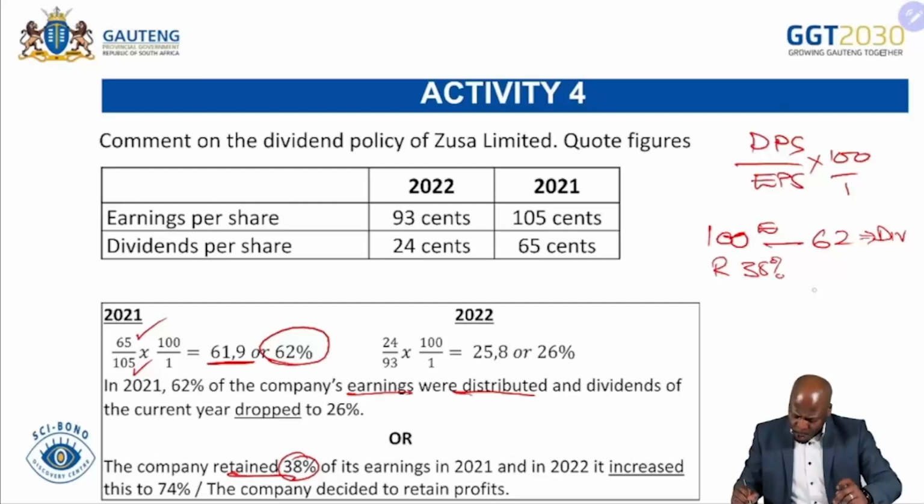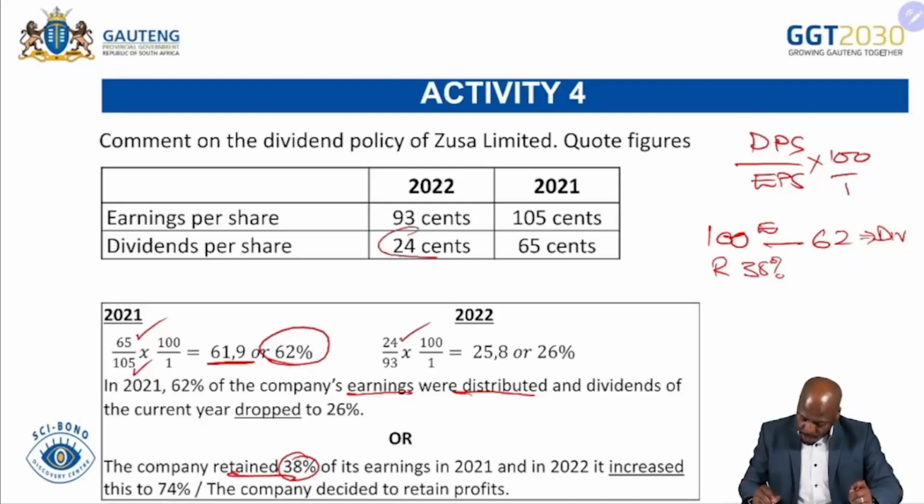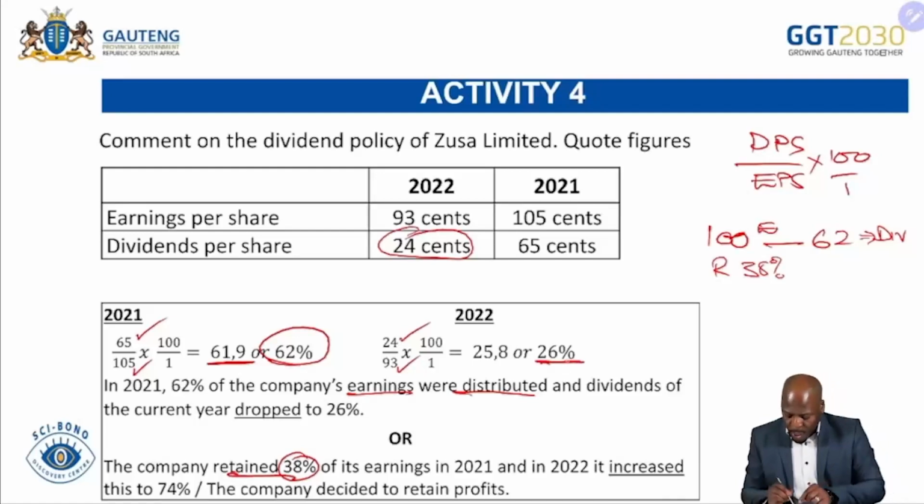If you look now at 2022, the dividends are 24 cents and the earnings are 93. So what percentage of your earnings are you getting as dividends? 26%. So the company has given 26% of its earnings as dividends, which means they are retaining 74%.